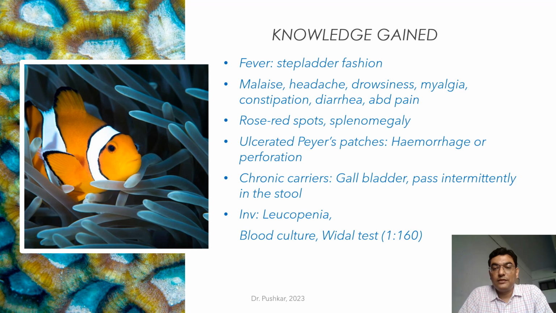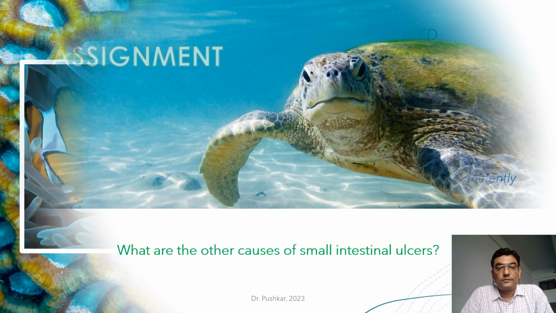One example we saw was Typhoid Mary. Investigations include leukopenia, and for earlier diagnosis we use blood culture, and the Vidal test is positive if the titer is 1:160 or above, usually after 7 to 10 days.